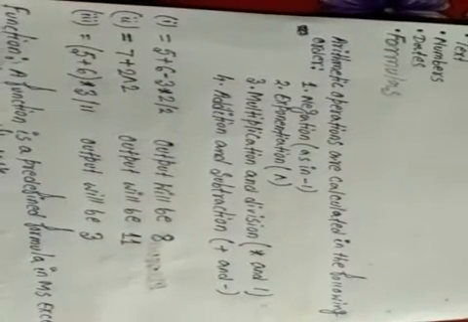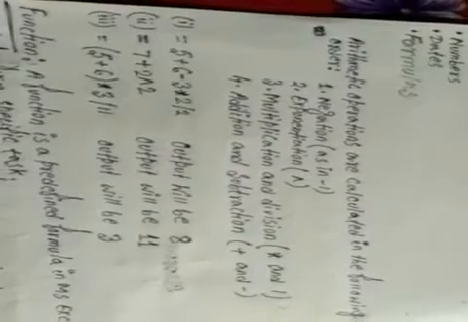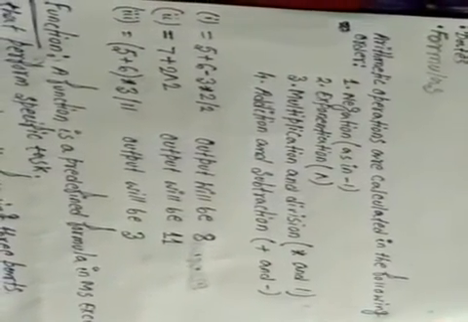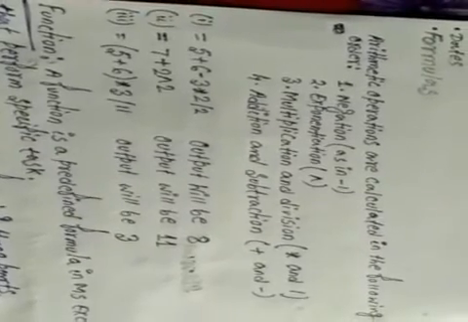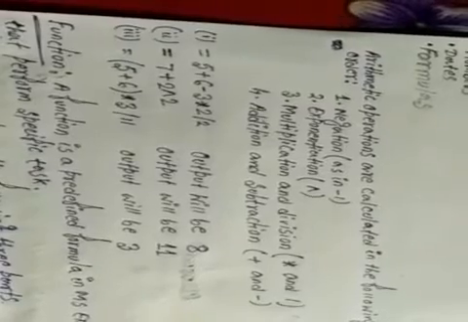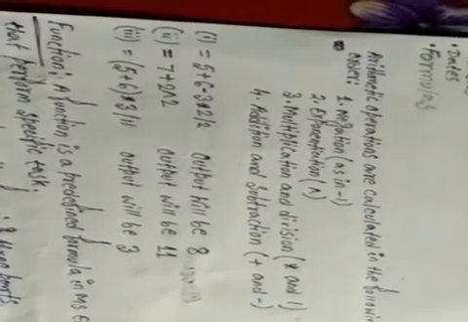First, negation. Second, exponentiation. Third, multiplication and division. Fourth, addition and subtraction. Let's take some examples that show how the calculation order and the use of parentheses can determine the outcome of the calculation.